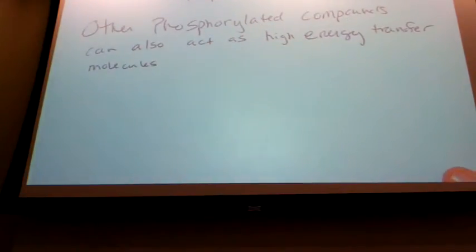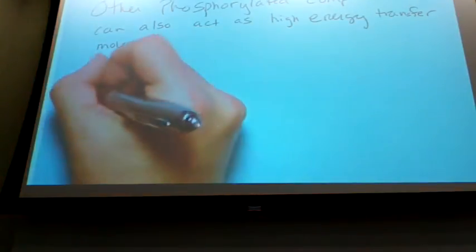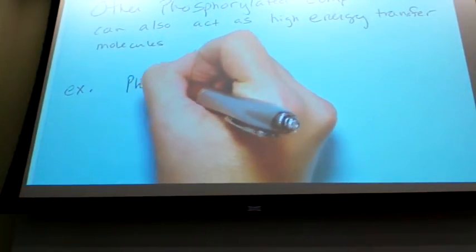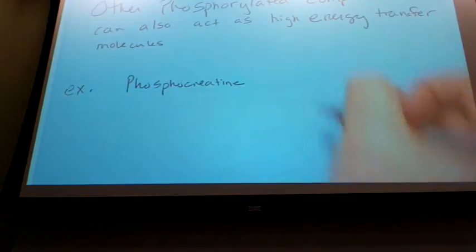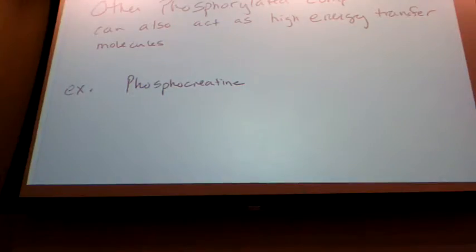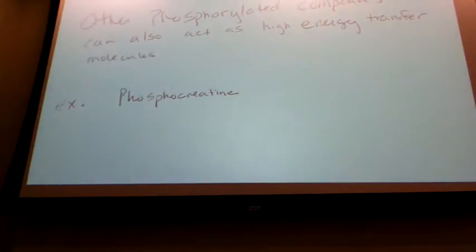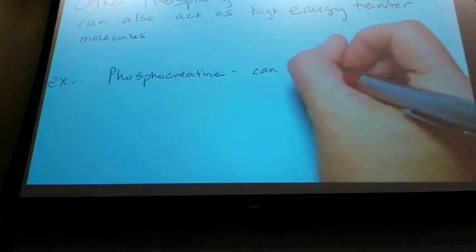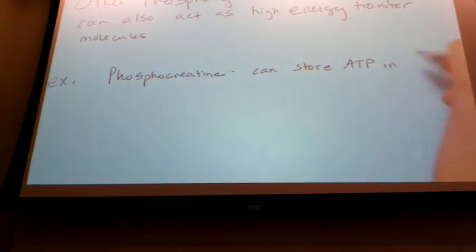Okay, we're going to do another one. Example, phosphocreatine. You took physiology, so you might know what it does. What does it do? Yeah, it can store ATP in muscles.